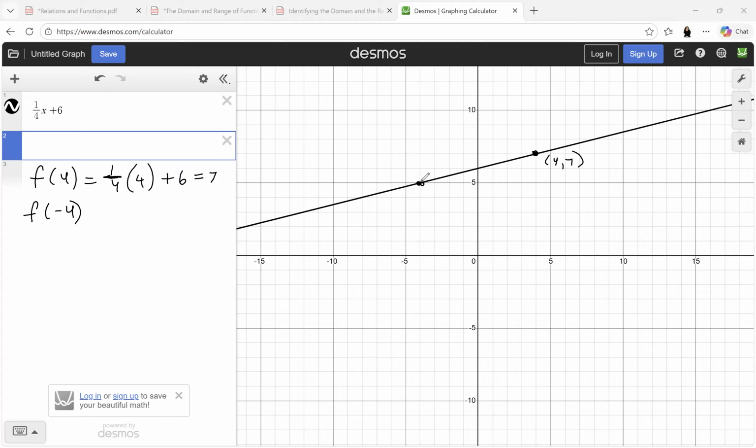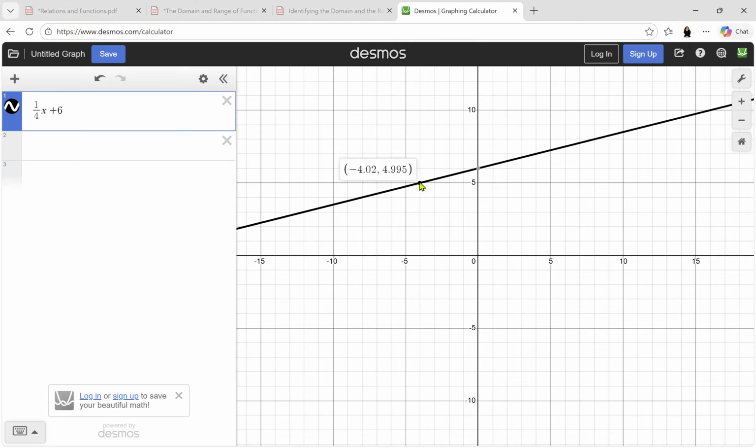Work it out algebraically for me. 1/4 of -4 plus 6, which is 5. Great. So the ordered pair there would be what? -4 and 5. That's right, -4, 5.